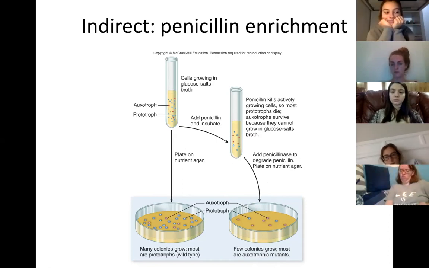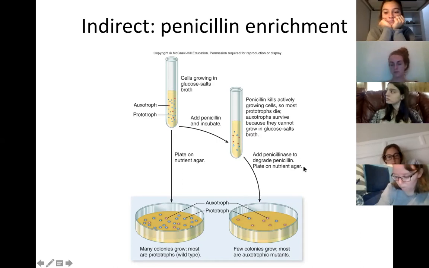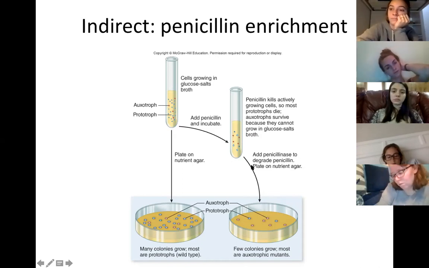Now, just because you did penicillin enrichment does not mean that you can just look at this plate and figure out what's what. Because again, it shows you here that they're different colors, but they're not. And so with this plate, you'd go through the whole process of indirect selection. You're just working with fewer colonies, and so it's easier to identify your mutants. Does that make sense? This doesn't replace indirect selection. It just makes indirect selection easier when you go through that process.